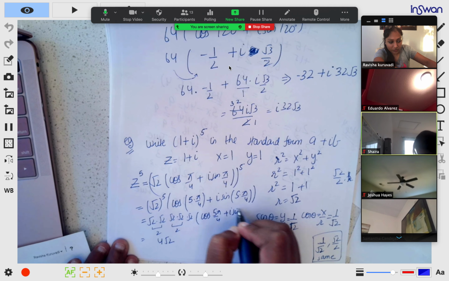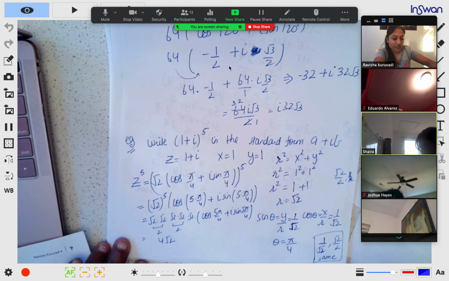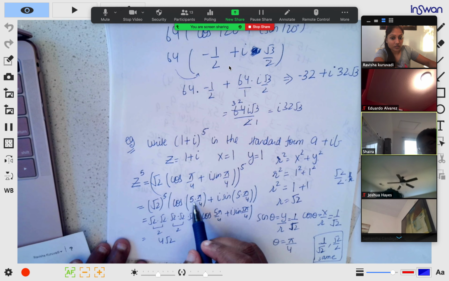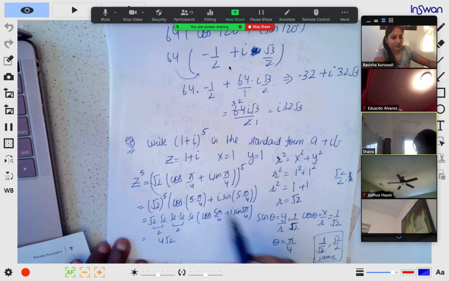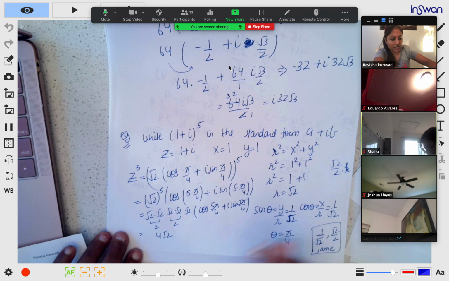When you multiply in degrees, what did you get? 5 times 45 is 225. Yes, 225. So what does it become when you put in the values?